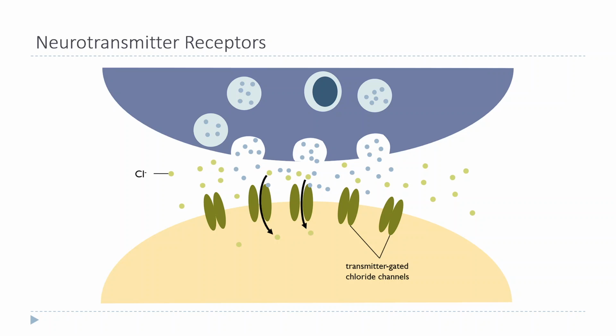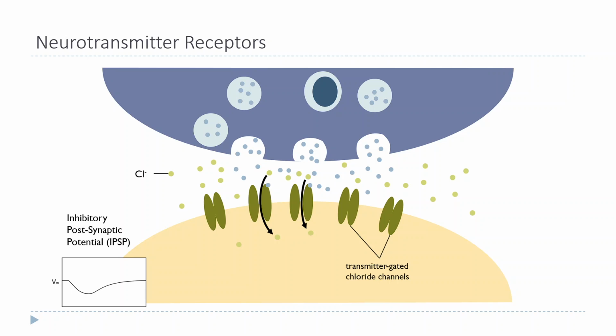But the point is, just like any other ion, whenever you increase the permeability of the membrane to that ion, you're going to drive the membrane potential closer to the equilibrium potential for that ion. So opening a bunch of chloride channels will force the membrane to stay closer to the equilibrium potential of chloride. If chloride ions are entering the cell, the inside of the cell will become more negative, which means it's going to hyperpolarize.